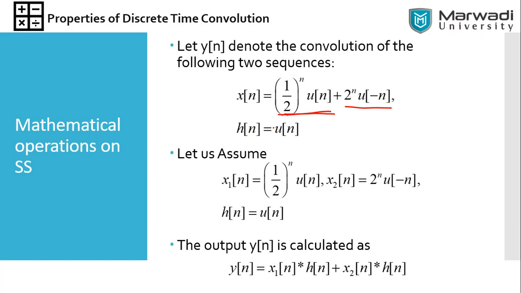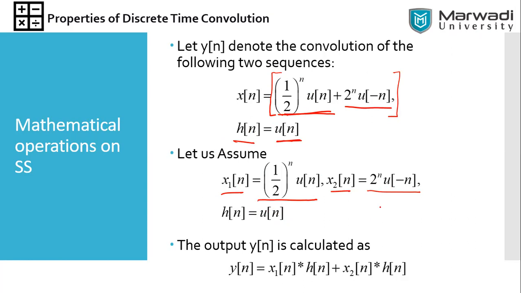This is the overall signal, and h of n is equal to u of n. That means we are providing two inputs, x1 of n, which is equal to 1 by 2 raised to n u of n, and x2 of n, which is equal to 2 raised to n u of minus n.